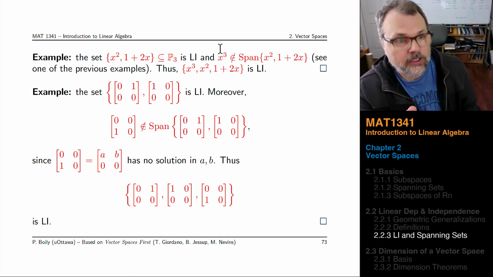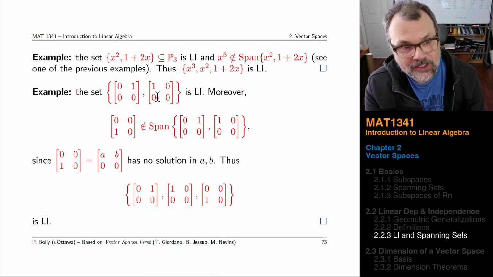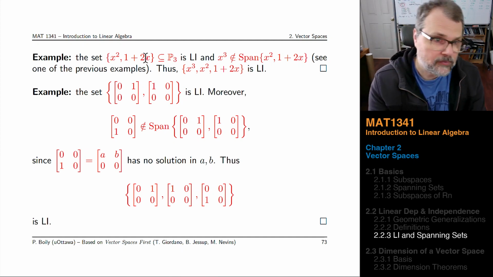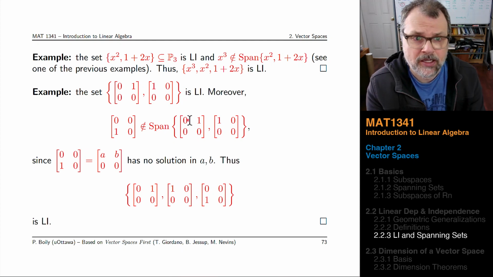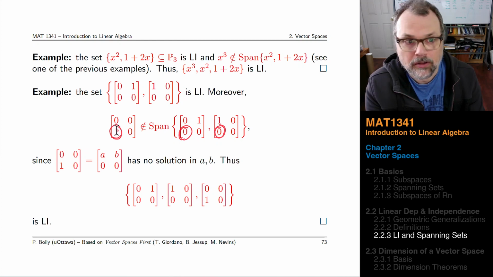Another example, you can show that the set of these two matrices is linearly independent. There's only two of them. One vector is not a scalar multiple of the other, so we know that they're linearly independent. This third matrix is not in the span of these two linearly independent matrices, because how would you get a 1 here, right? The corresponding positions, if you do linear combinations, cannot add up to something which is not equal to 0 here, right?